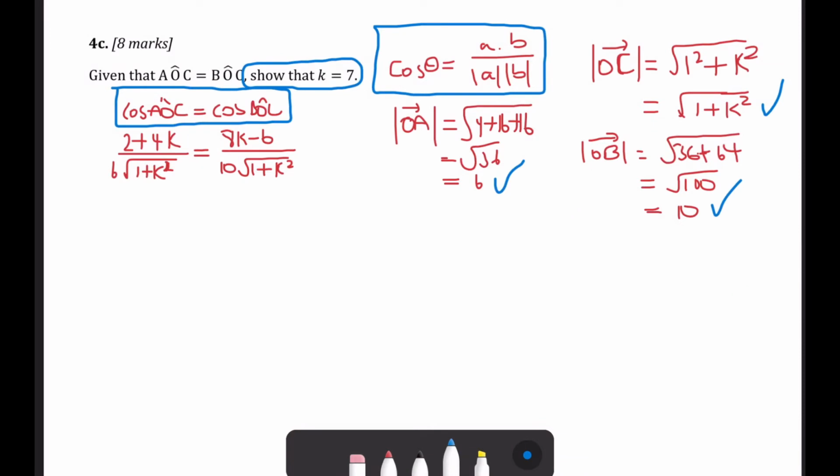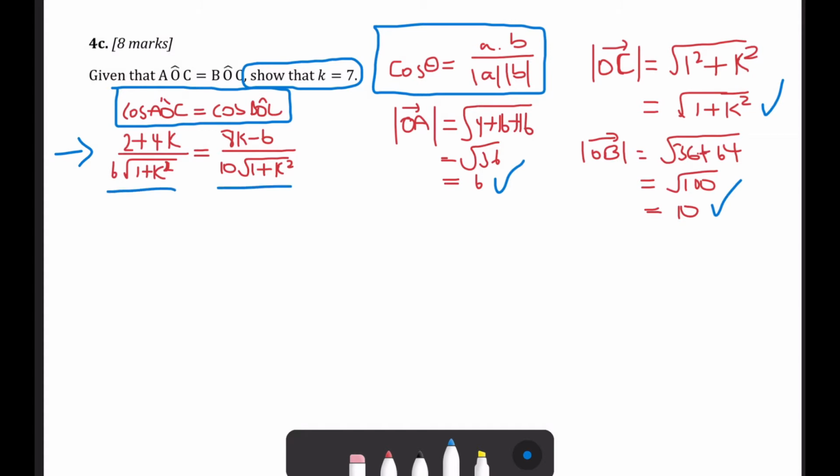So I've got all my magnitudes. Now I can go to the formula, which is here. So on the top of the left hand side is A dot B for OA and OC, which I got in part A, 2 plus 4k, over the magnitude of OA, which is 6, times the magnitude of OC. So that's the left hand side here.